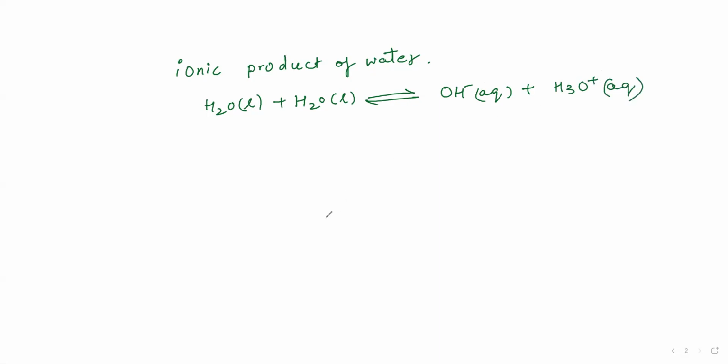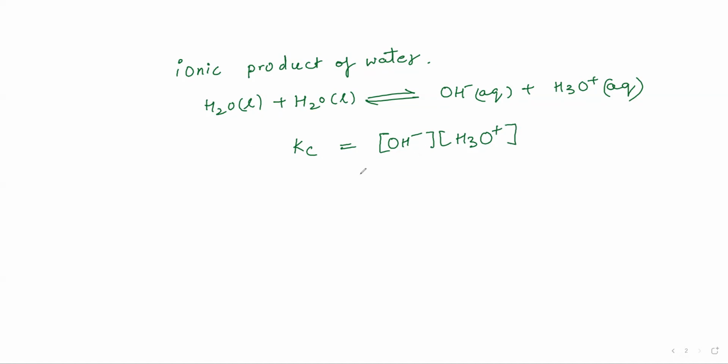I hope you know how to write the equilibrium constant of this reaction, which would be Kc. So Kc equals OH negative times hydronium ion, product concentration by reactant concentration. I won't be writing the water concentration here.